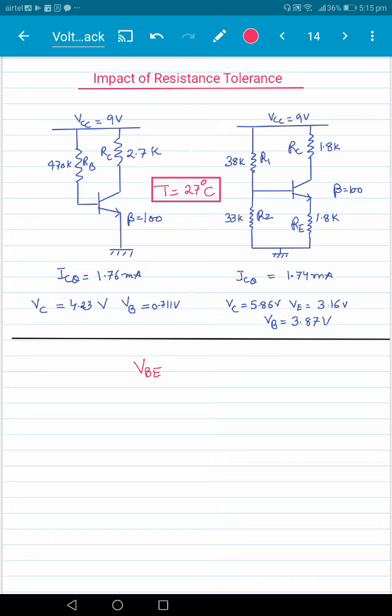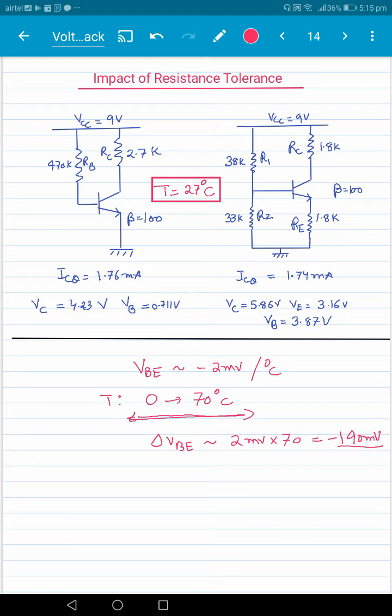We know it approximately goes as minus 2 millivolt per degree Celsius. And for many commercial applications, the temperature range is 0 to 70 degrees Celsius. So, if we look at this entire range of temperature, VBE can vary by approximately 2 millivolt multiplied by 70. So, it can vary as minus 140 millivolt.